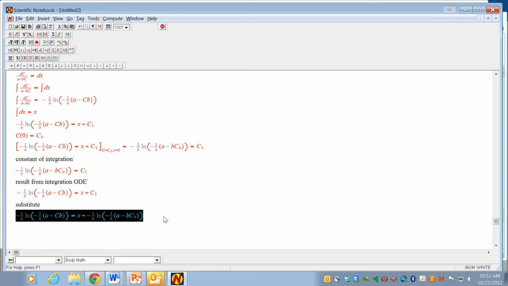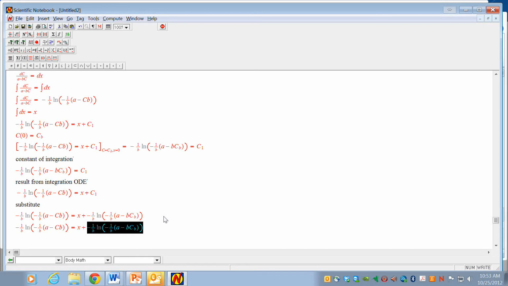It's a little bit awkward in this form though, and so what we want to do is have concentration on the left side and functions of x on the right side, and so we'll do some algebra to get there. So I'm going to copy and paste, and what I'll do first is take this stuff and put it over here on this side.